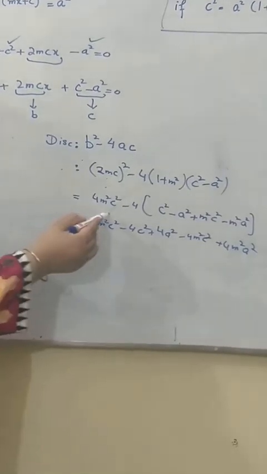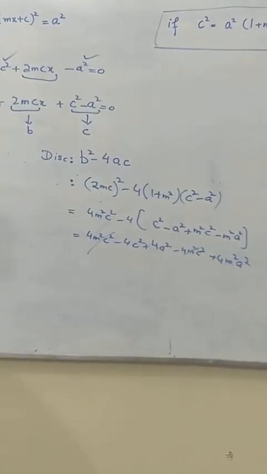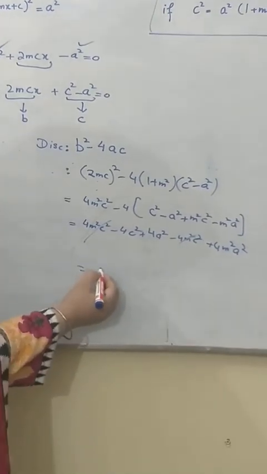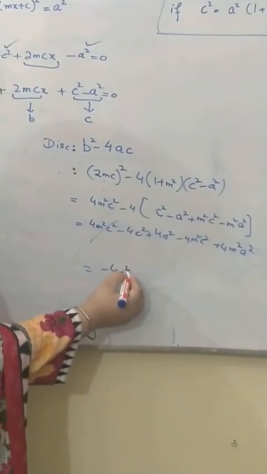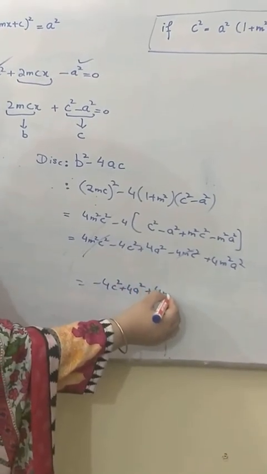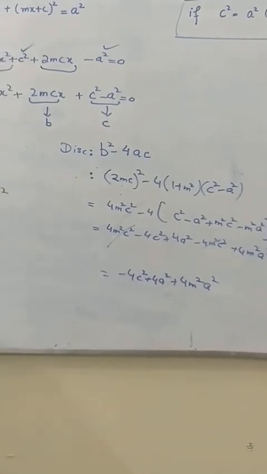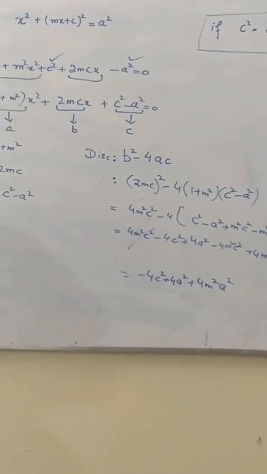You can see 4m square c square and minus 4m square c square will be cancelled. And now we have minus 4c square plus 4a square plus 4m square a square. This is the discriminant of this quadratic equation.